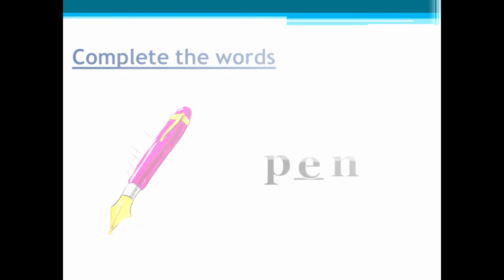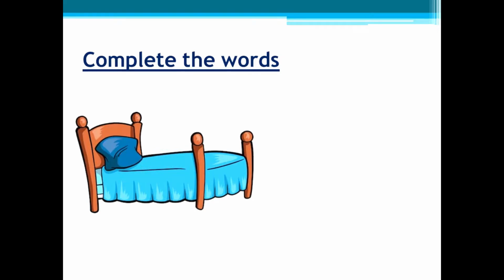Next, what is this? It is bed. Okay, so what are the sounds? B, A, D. Now B and D are written and A is missing. So A is E. B, E, D, bed.